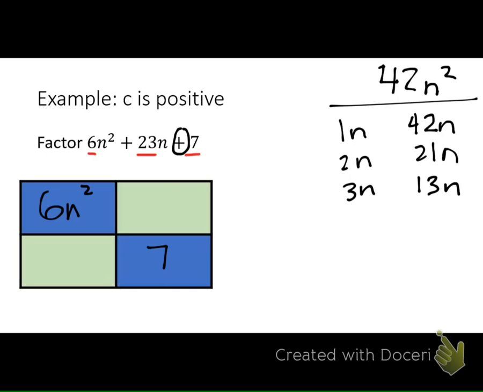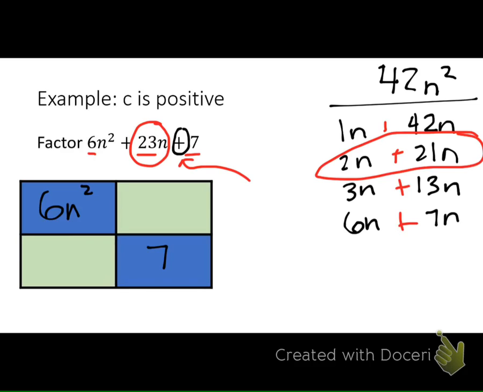So 3n and 13n. And then 4 does not go into 42, neither does 5, but 6 does, and 7 does as well. So now I've wrapped up all my factors. Because I have a positive one, I'm going to add them all together, and I want to know which ones add to 23, because that's my middle term. So 2n and 21n add to 23.